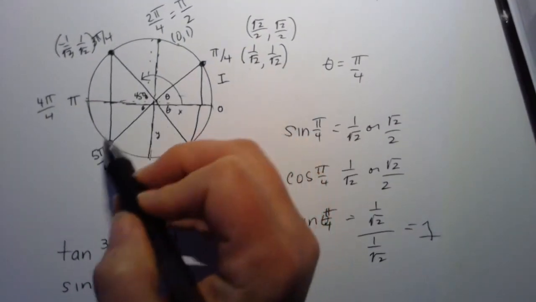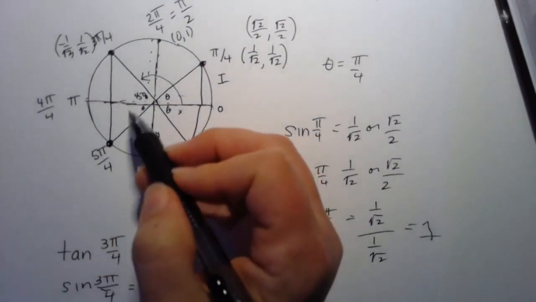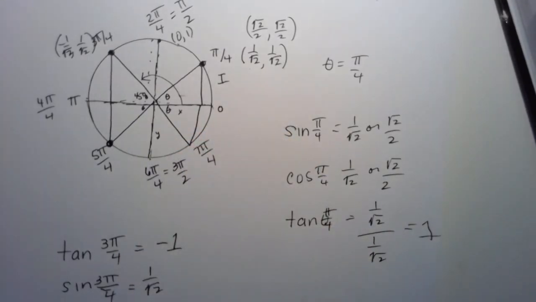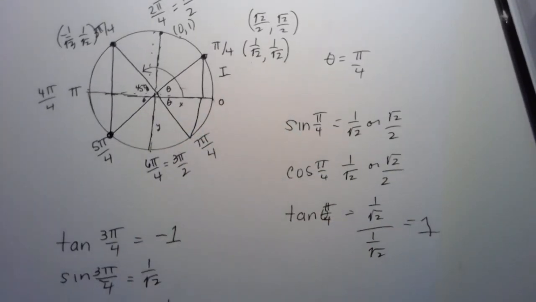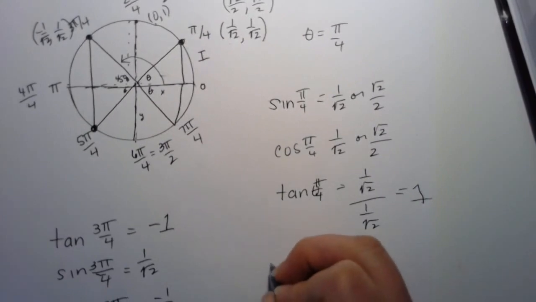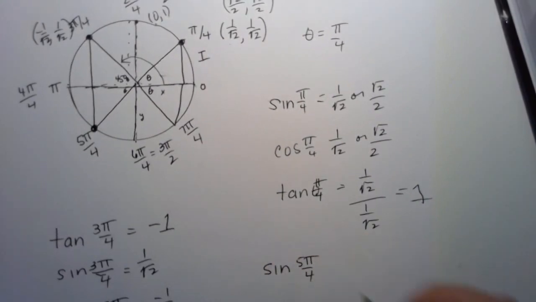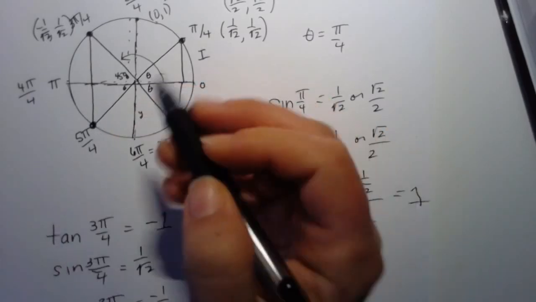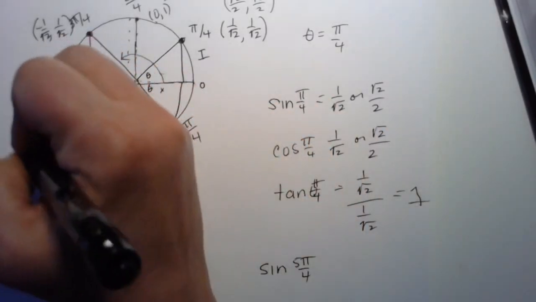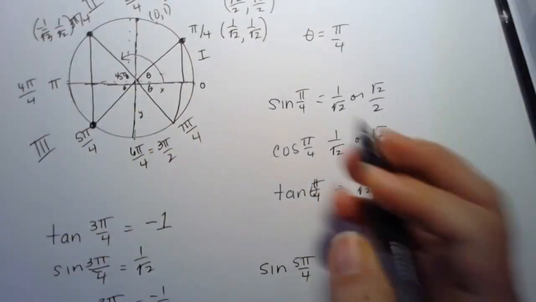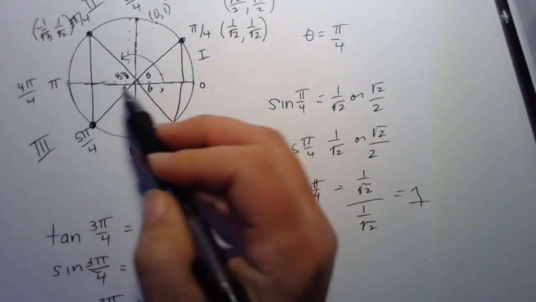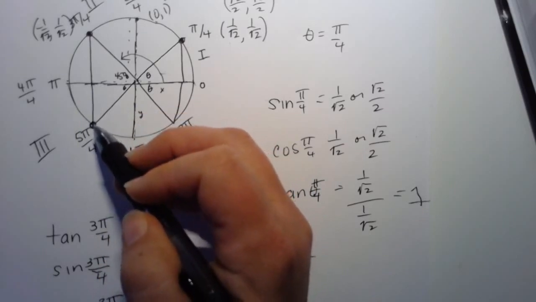So now this one down here also makes a 45-degree angle. So my sine and my cosine essentially should be the same length. It's just about where they're located. So the sine of 5 pi over 4, in my third quadrant over here, this is quadrant number 3, and this is quadrant number 2 up here. My x goes negative to get there, and my y goes negative to get here as well.